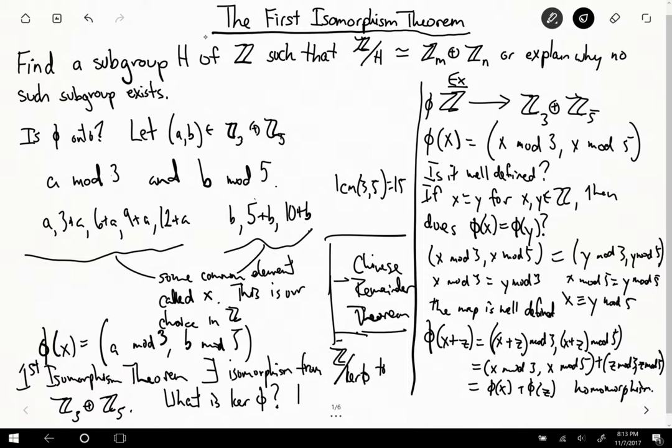Kernel phi in this case equals what? Well, it has to map to basically a multiple of 3 and a multiple of 5. So we want it to be 0 mod 3 and 0 mod 5. So what elements actually do that?